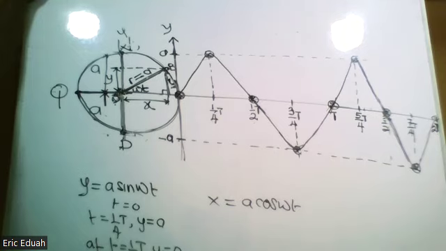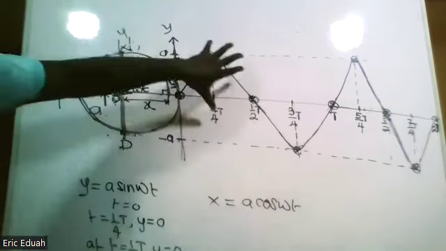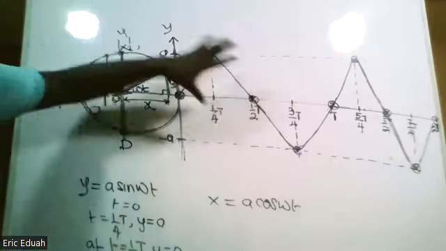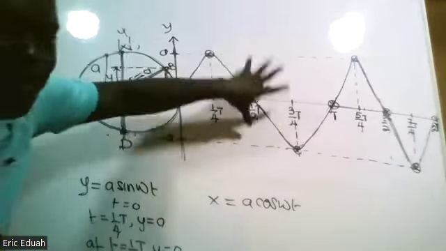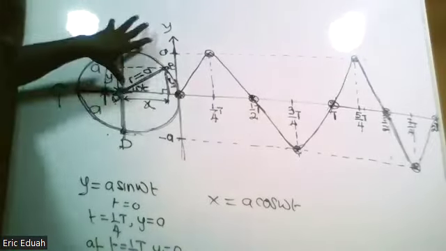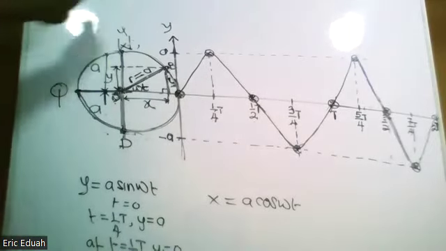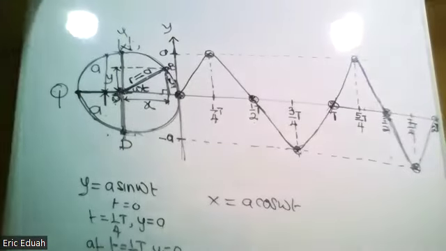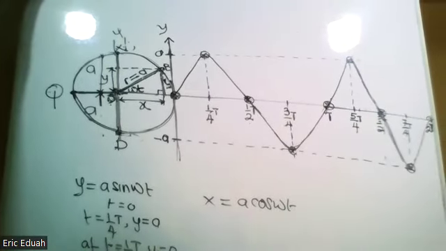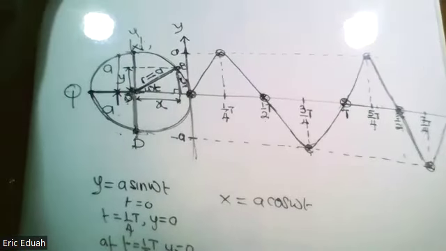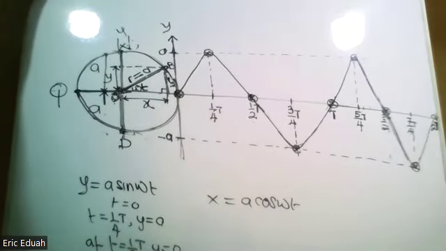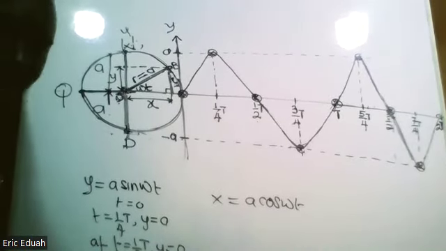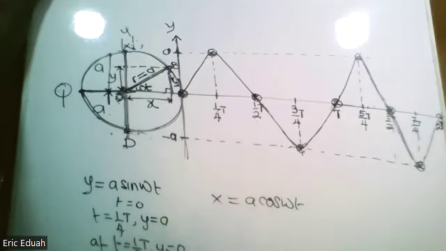Okay, so we are creating a graph of simple harmonic motion out of a body executing circular motion for 2 cycles. Is everybody okay?